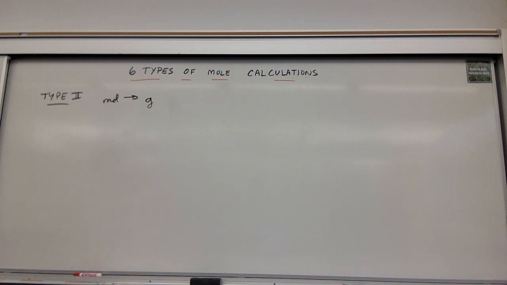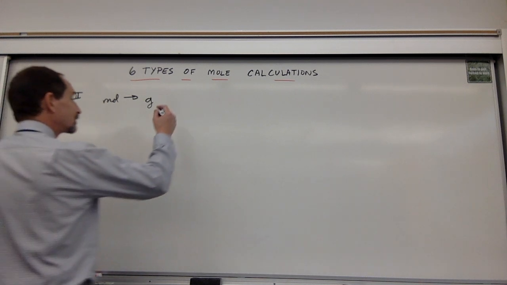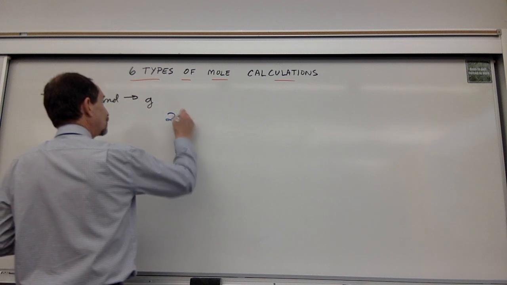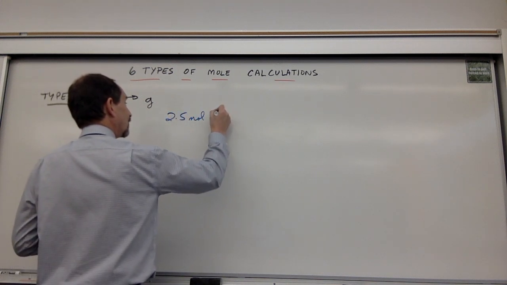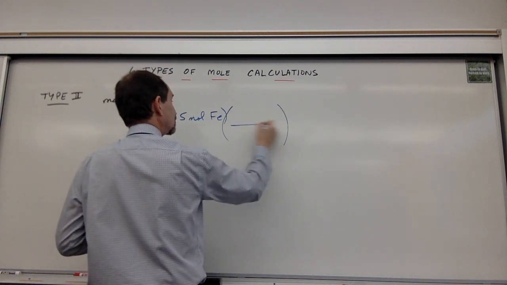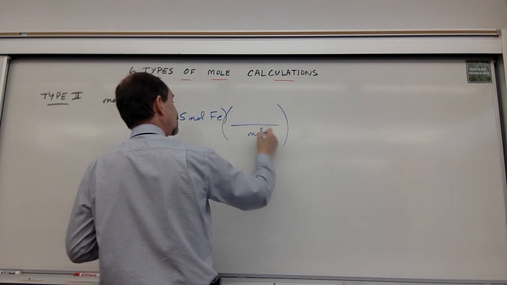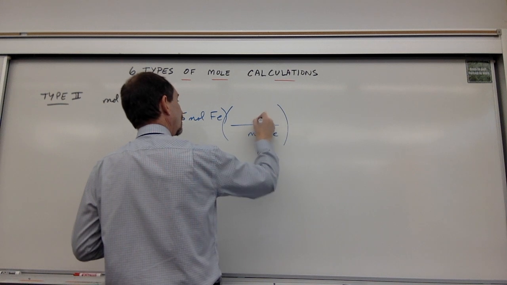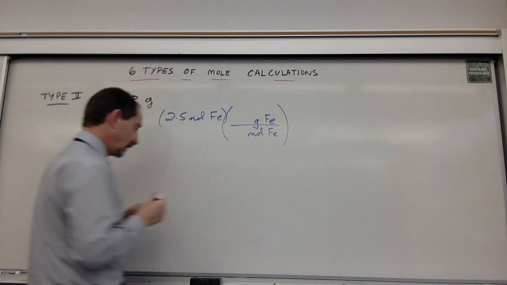The second type of mole calculation is if you have moles and you wish to get to grams. Simply the reverse of what we already did. So if I already know I have 2.5 moles of iron atoms, I'm simply going to get rid of the unit mole and get the unit gram.